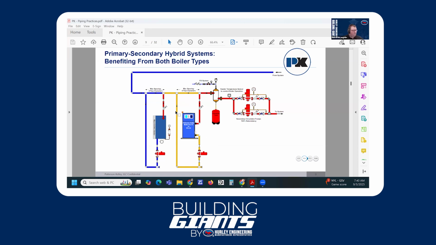So the first thing we're looking at here is that both of these boilers are still plumbed in a primary secondary arrangement. So the flow in this loop is completely independent of all the other pumps in the system. And the flow in the non-condensing boiler loop is independent of the flow in all the other loops. So we're able to control the temperatures that are going there and prevent condensing temperatures if possible.